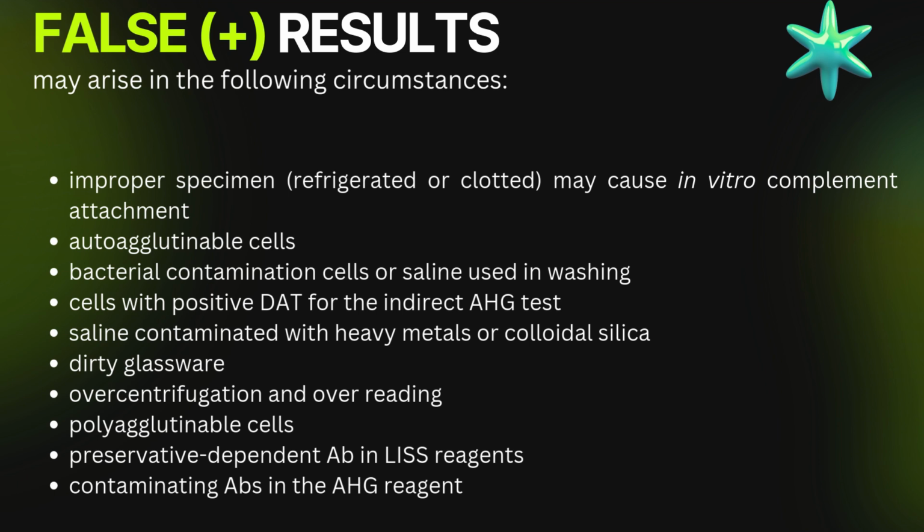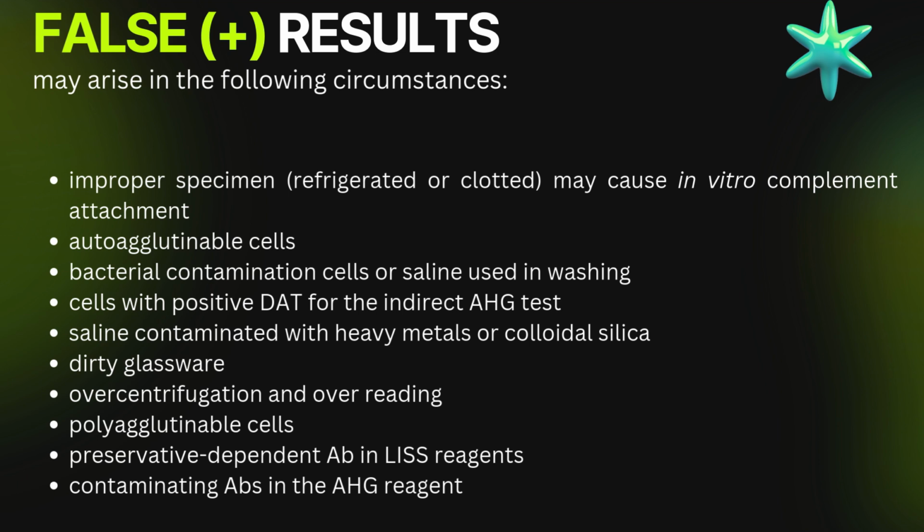Moreover, if cells possess a positive DAT in an indirect AHG test, it can yield misleading results. Okay? Contaminants in saline, such as heavy metals or colloidal silica or even dirty glassware, can also cause false positive results. Again, the use of dirty test tubes or slides can cause false positive results.